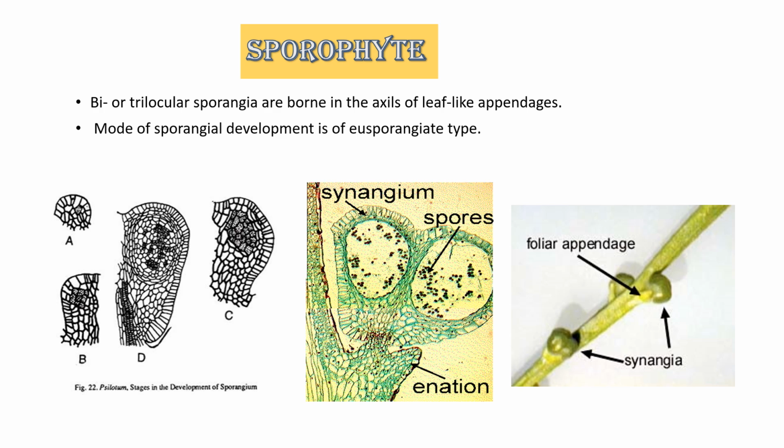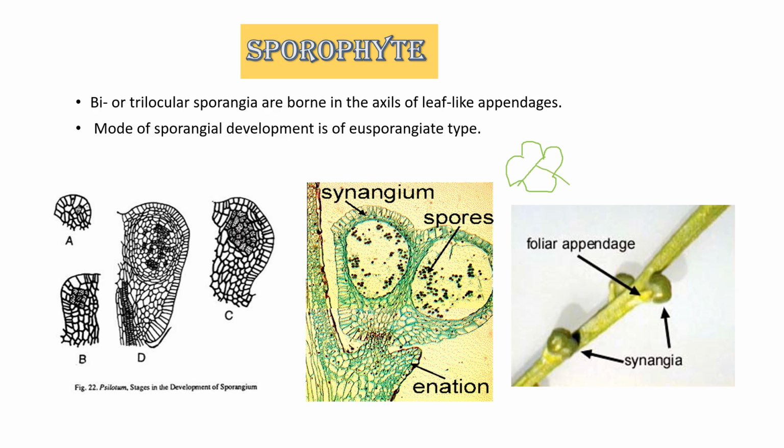So reproduction by means of spores usually involves sporangia. As you can see, some of the aerial shoots which are fertile in nature have synangia. Synangium is nothing but a trilocular sporangium.